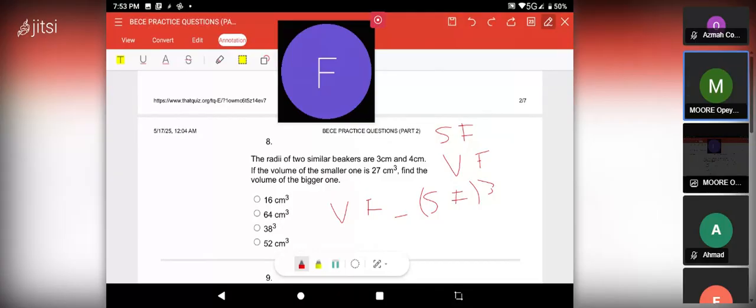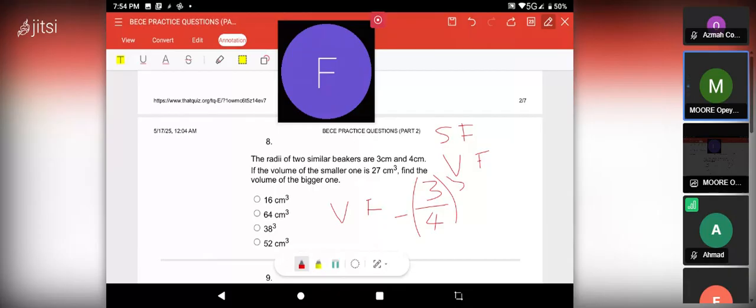Now, maybe my talk is not clear to you. Let me do what I am saying now. So 3 over 4, they say if the volume of the smaller one is 27. Remember, 3 over 4 is the scale factor. So what happens here is just that this is raised to the power of 3.